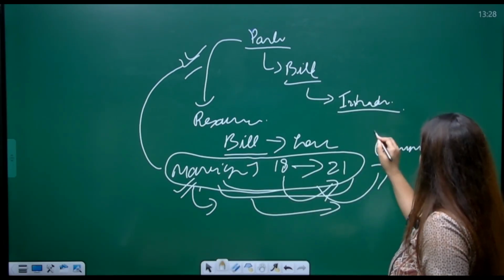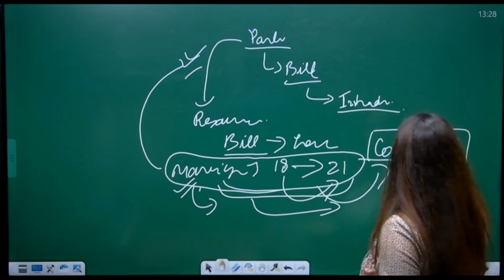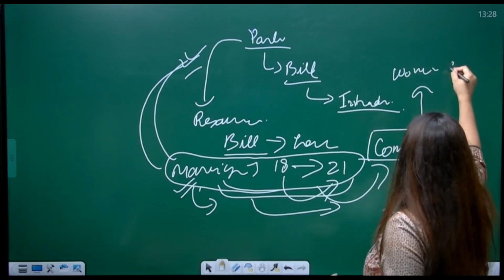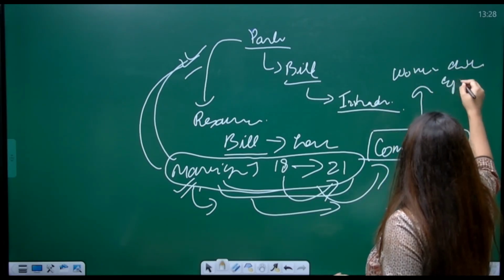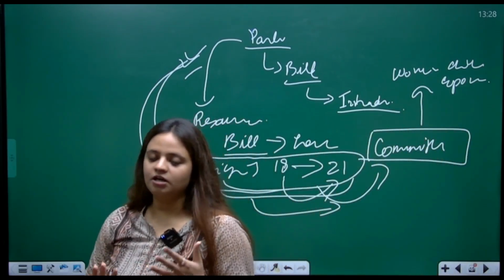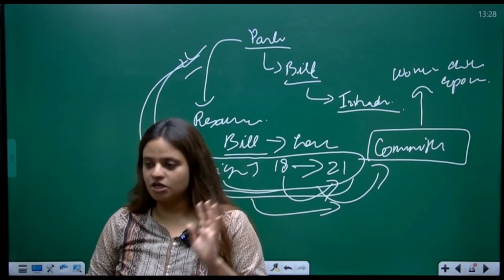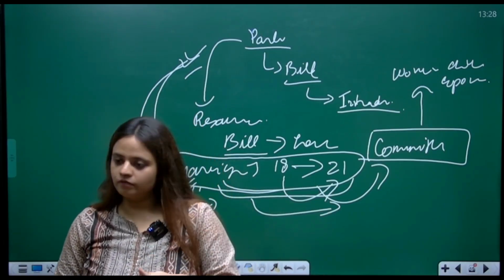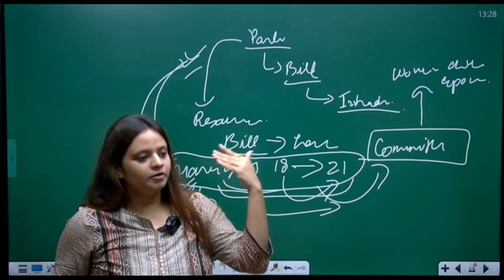For example, the committee and the ministry would be women and child empowerment. So this bill will go to the Ministry of Women and Child Empowerment. It will have a discussion of the entire bill. Then the report will be given and sent to the house.